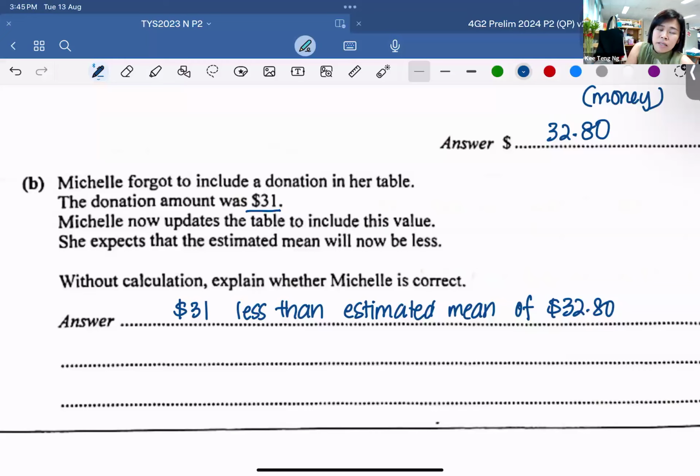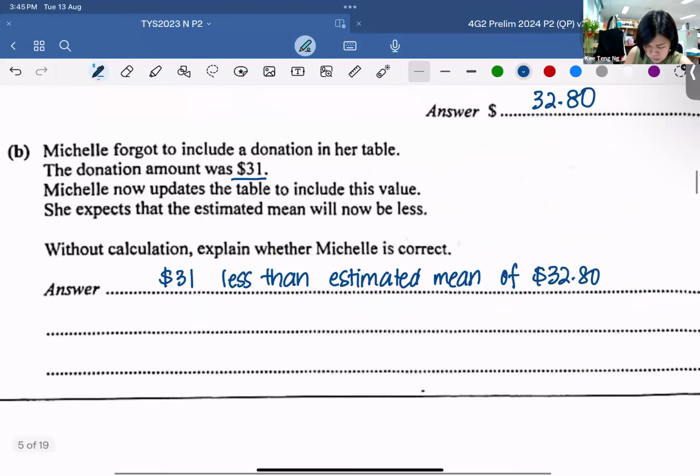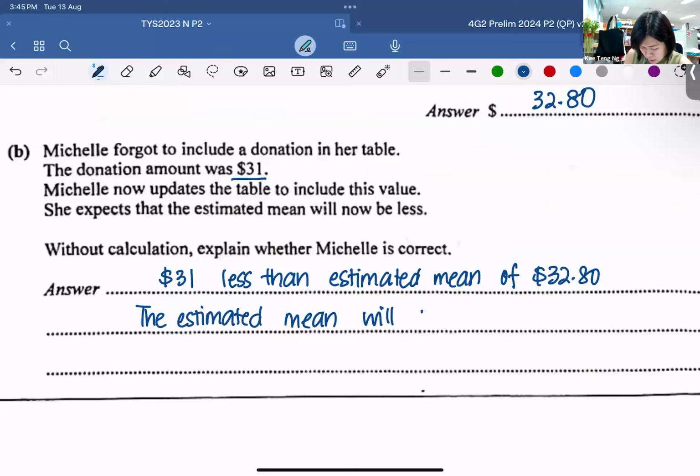If I added someone who is lesser than the average, what will happen to my overall average? Will it increase or will the average decrease? I added something less, so will everyone's average increase or decrease?